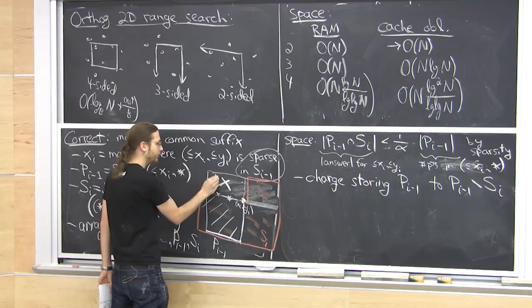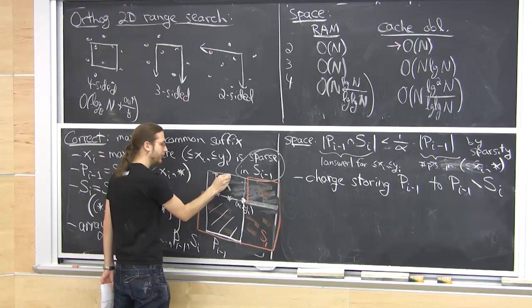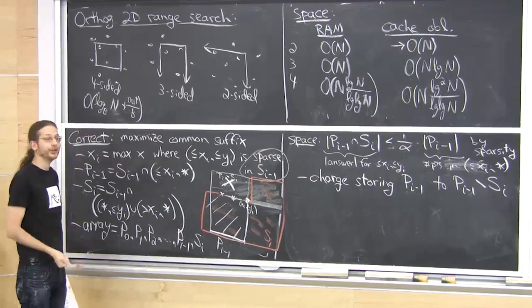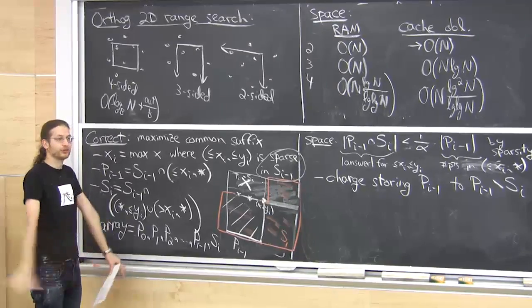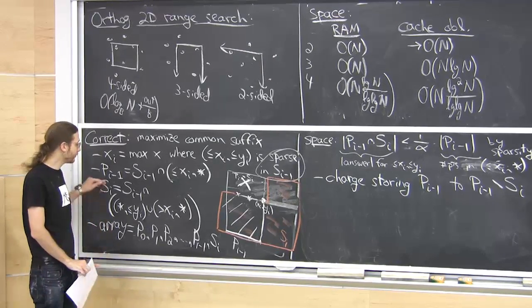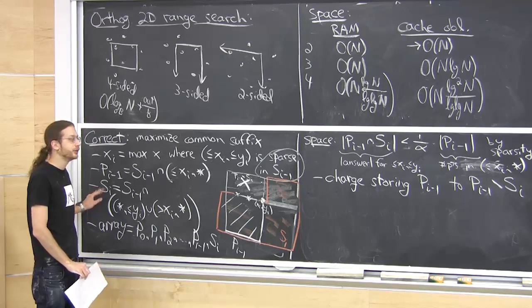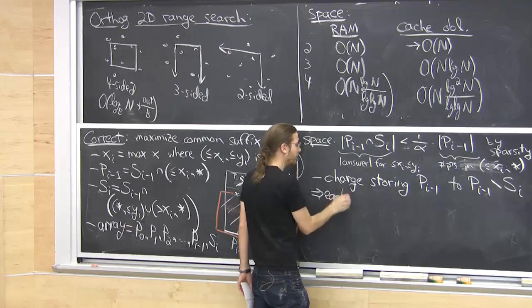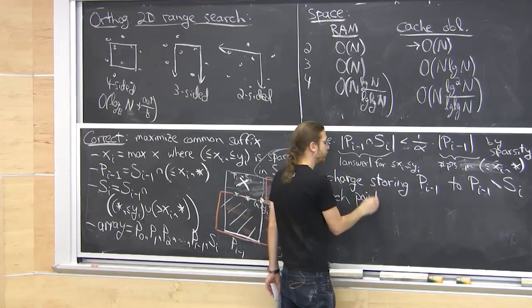This is pi minus 1 minus Si. Those are the points that I'm throwing away. That's good. If I charge them now, I will never charge them in the future, because I just threw them away. They're not in the next Si. So each point overall in the point set only gets charged once.